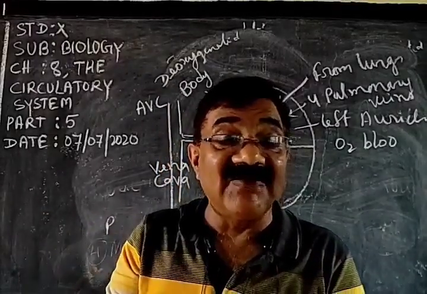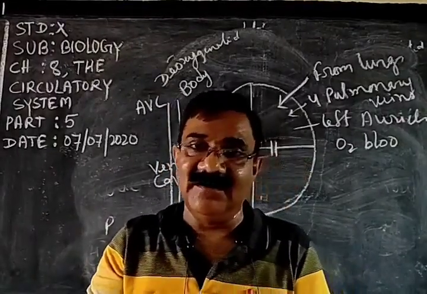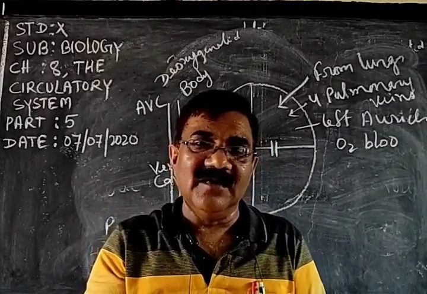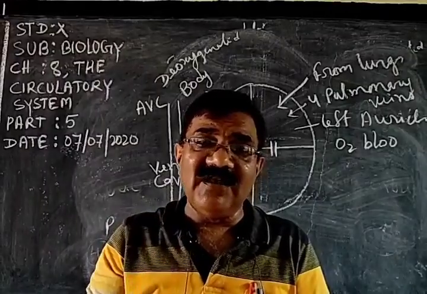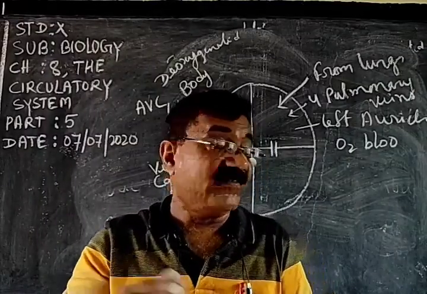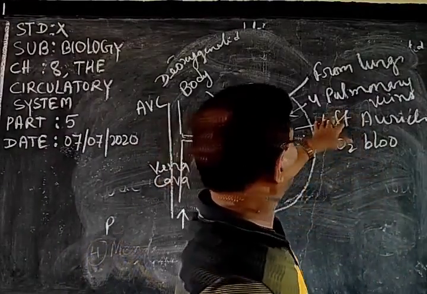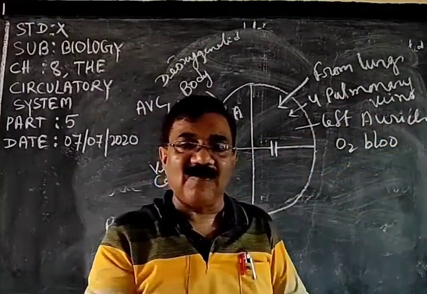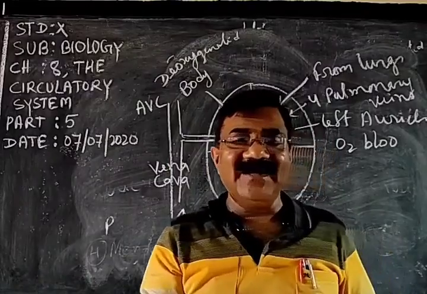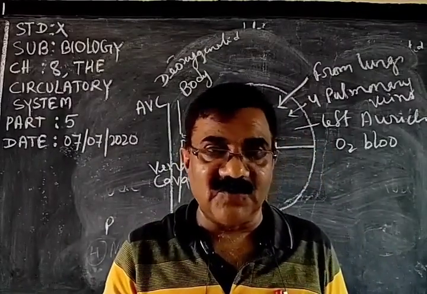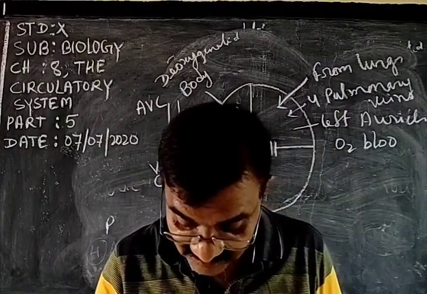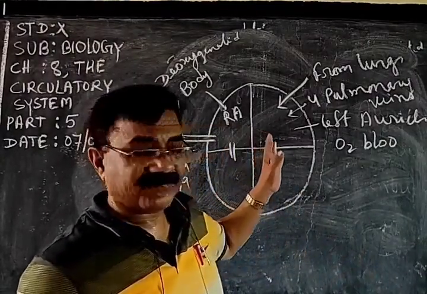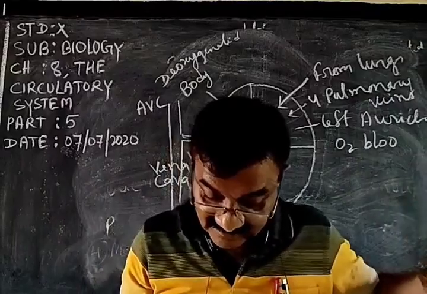The pulmonary artery will carry deoxygenated blood, and the pulmonary vein will carry oxygenated blood. So these are the pulmonary veins coming from the lungs, 4 pulmonary veins bringing oxygenated blood to the left atrium. Very clear?